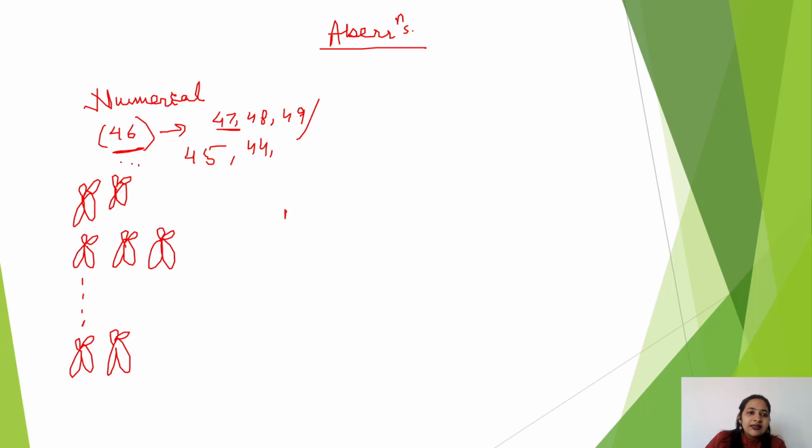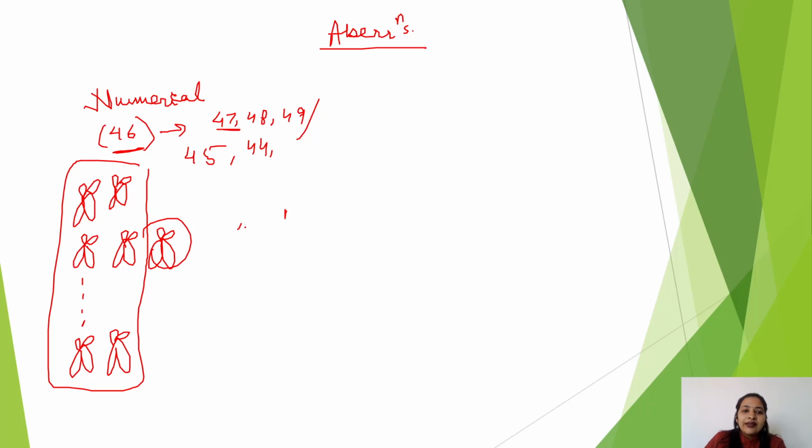So these are in themselves 46 chromosomes, because these are 23 pairs, plus this is an additional one, right? So 46 plus 1, that means 47 chromosomes. So this is a numerical aberration. Or it may happen that we do not have this chromosome. So we will be left with 46 minus 1, 45. So this is again a numerical aberration.